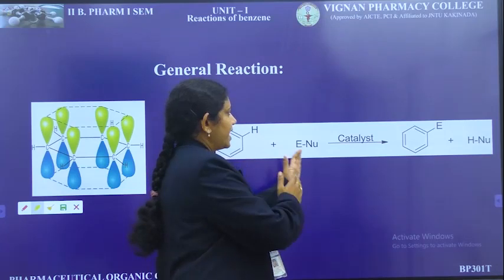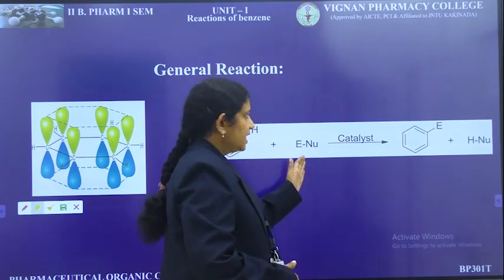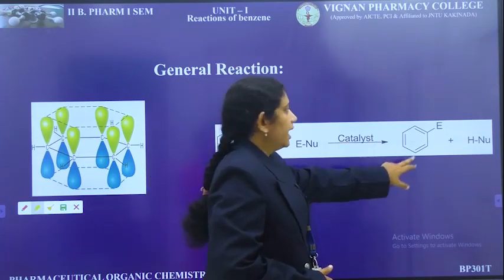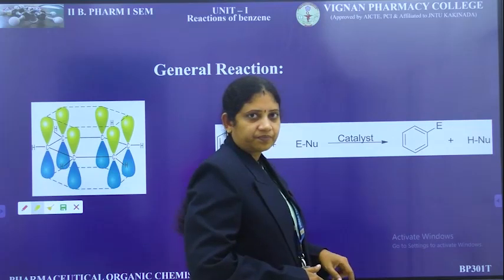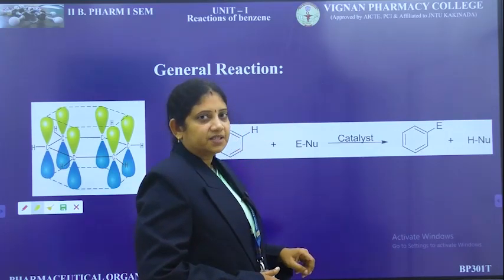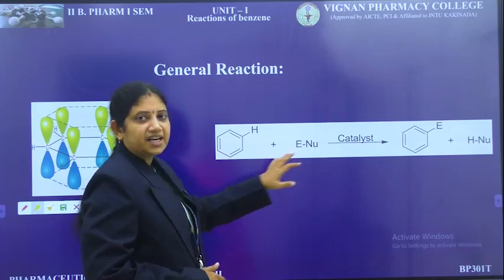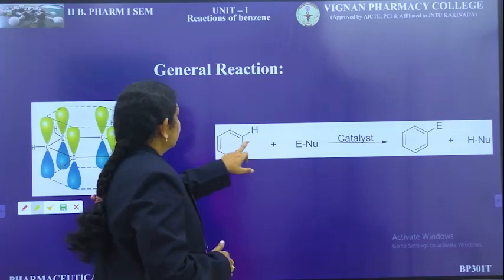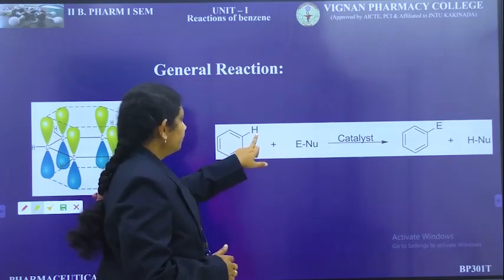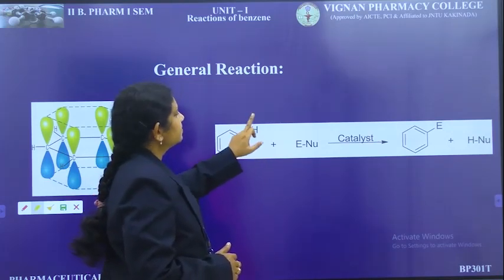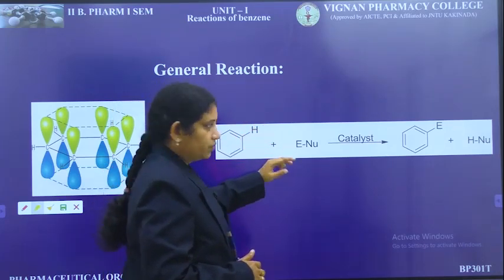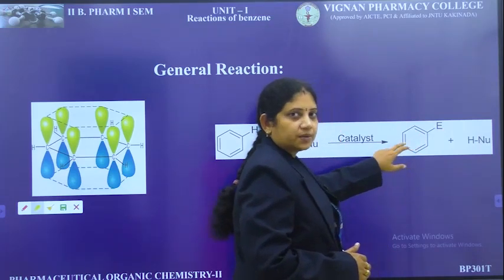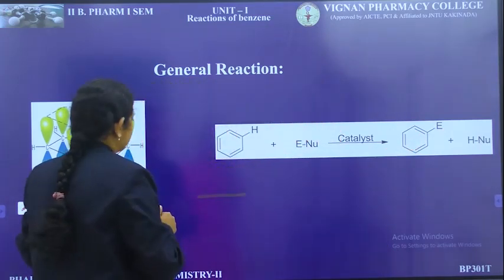In the presence of a suitable catalyst, it forms electrophile substituted benzene. That is the general reaction. That means one of the hydrogen atoms in the benzene ring is replaced by the electrophile, forming electrophile substituted benzene.